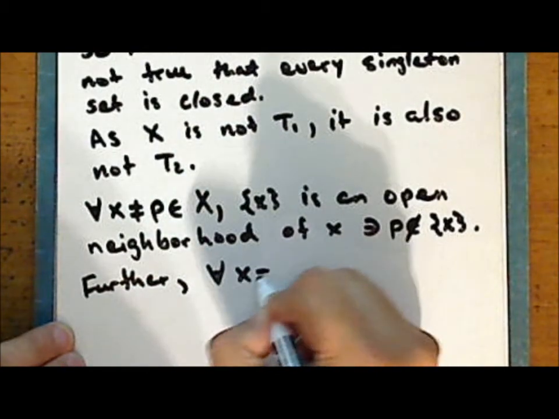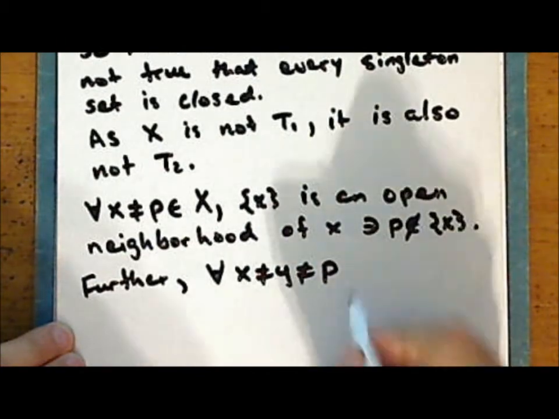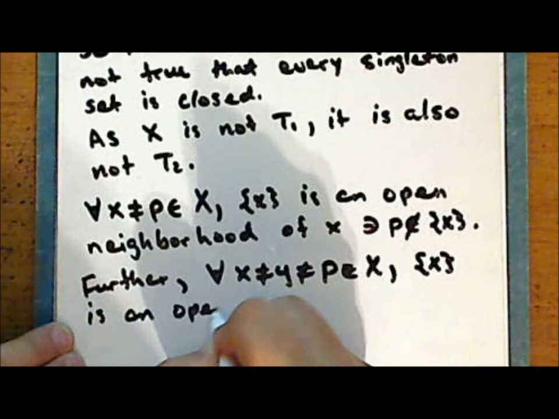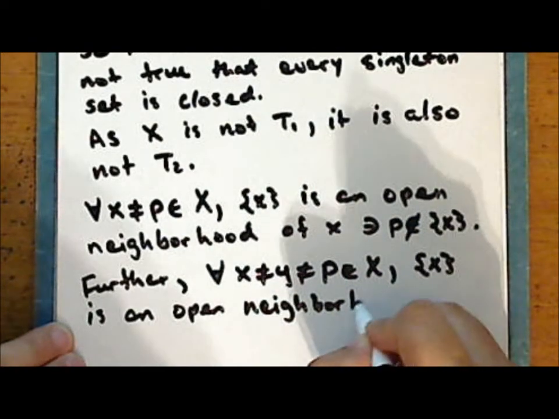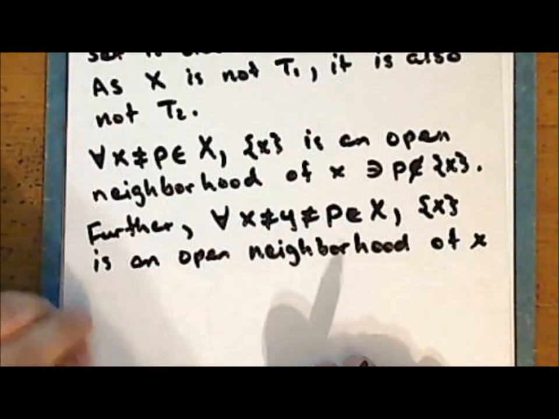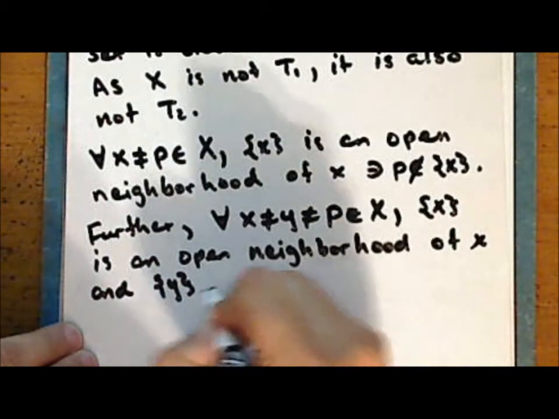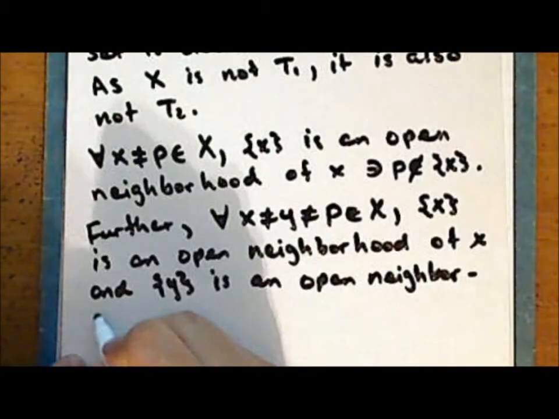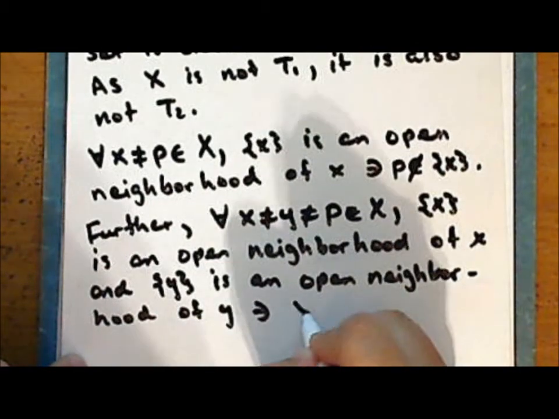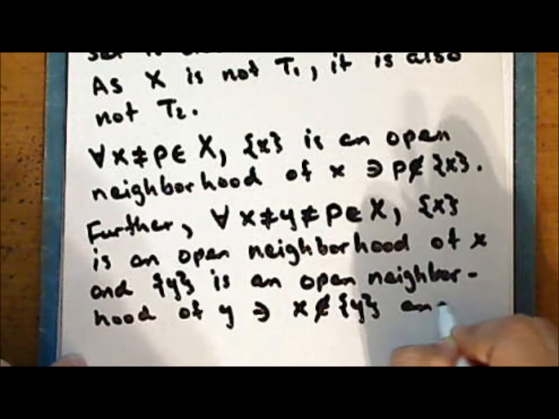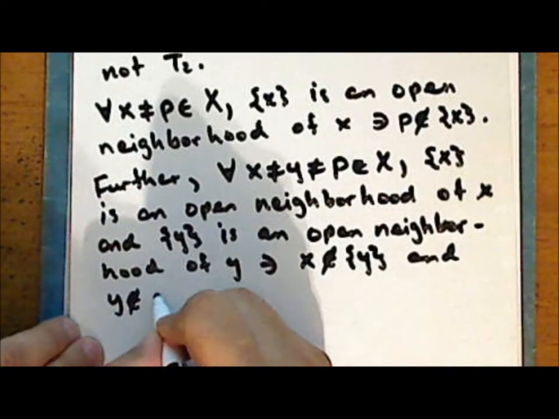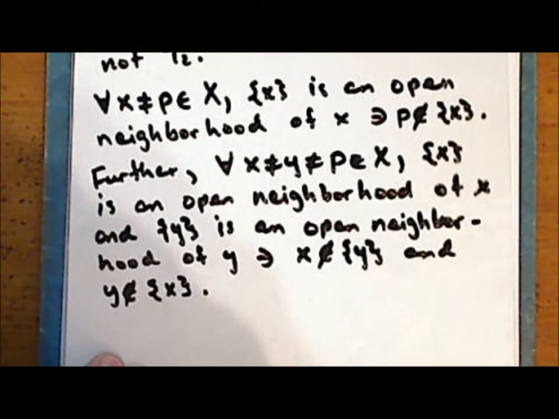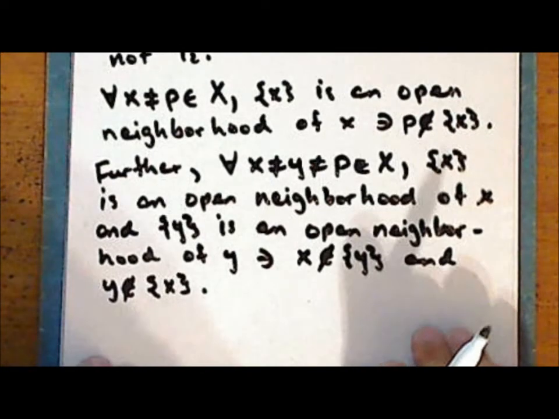Further, for every pair of distinct points X and Y, both of which are distinct from the point P in the space X, the singleton containing the point X is an open neighborhood of the point X, and the singleton containing the point Y is an open neighborhood of the point Y such that the point X is not in the neighborhood of Y and the point Y is not in the neighborhood of X. And so for every distinct pair of points, there exists an open neighborhood for at least one of those points not containing the other.